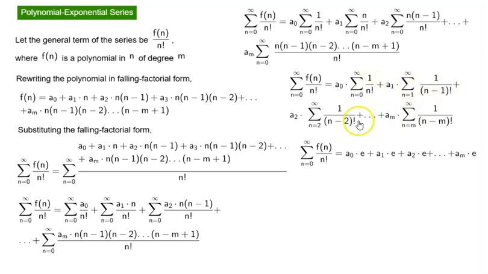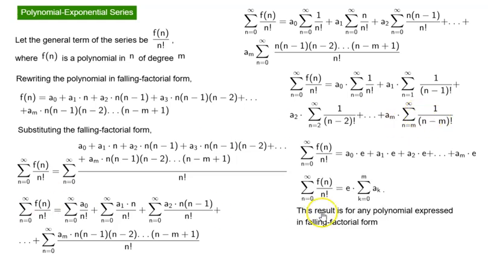So since all the series except the first one are tail series of the first series, they are all convergent and they converge to the same quantity e. So we have a sub naught times e plus a1 times e plus a2 times e plus and so on, plus a sub m times e.